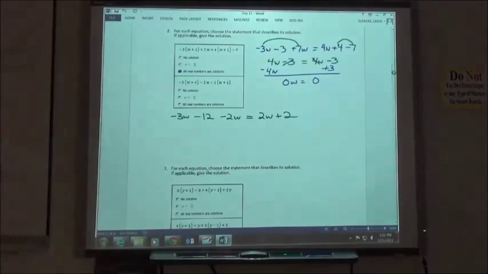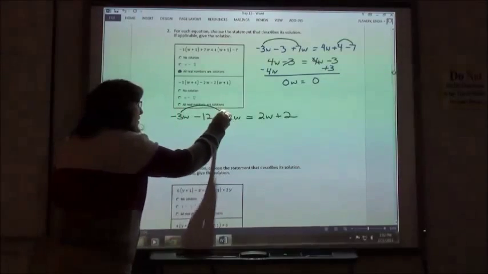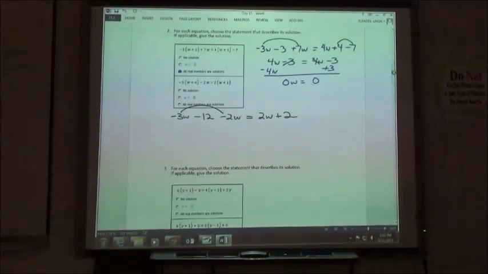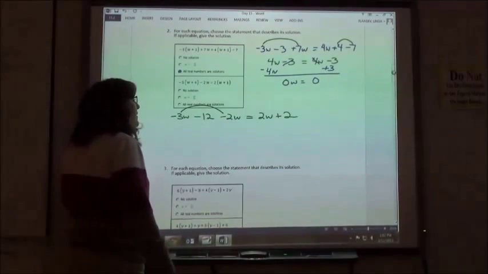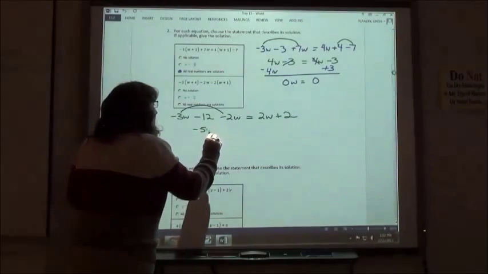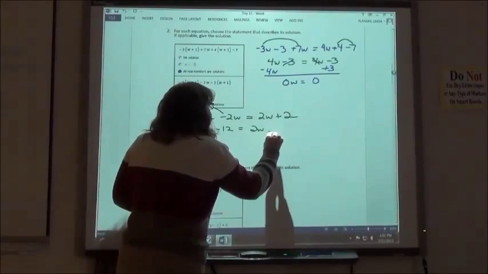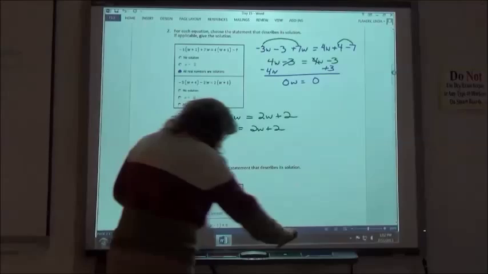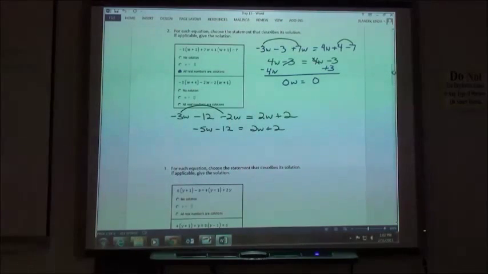All right, so negative 3W minus 12 minus 2W equals 2W plus 2. I can combine some like terms here on the left side. Negative 5W minus 12 equals 2W plus 2.